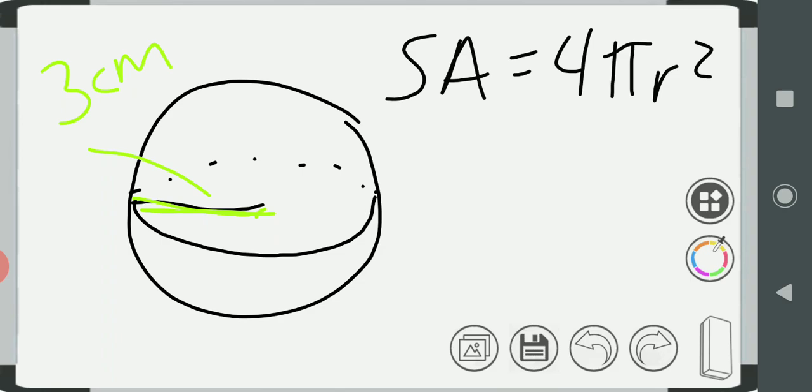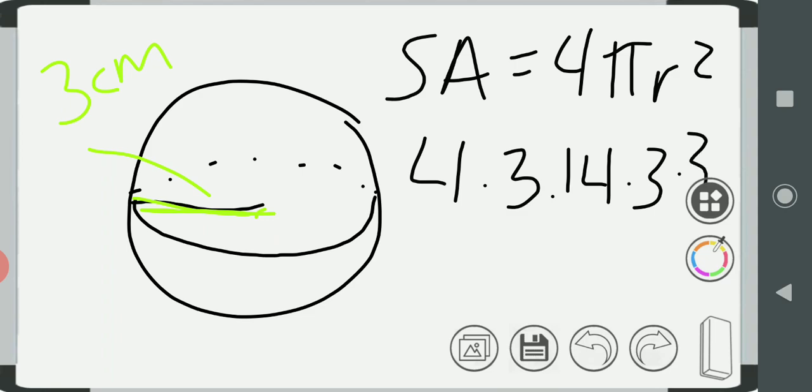If you look at your GED formula sheet and you look at sphere, surface area, it says surface area of a sphere equals 4 pi r squared. So 4 times basically the area of whatever this circle is. This is just plug and chug. 4 times 3.14 times 3 times 3, right? 3 squared is 3 times 3.